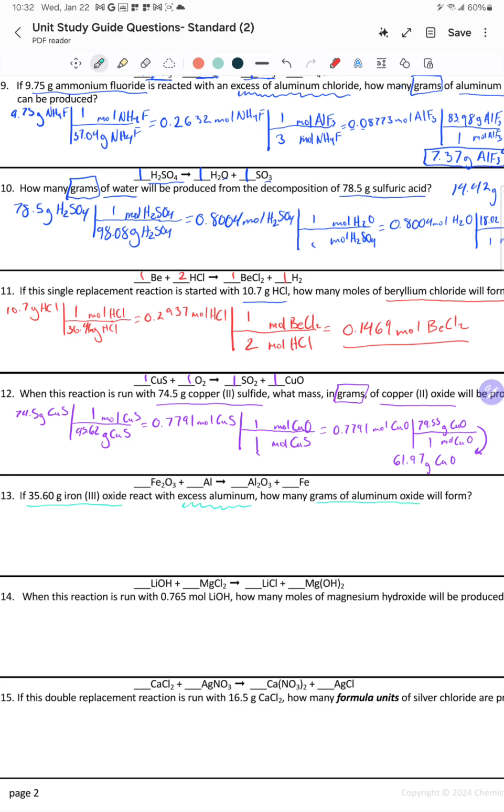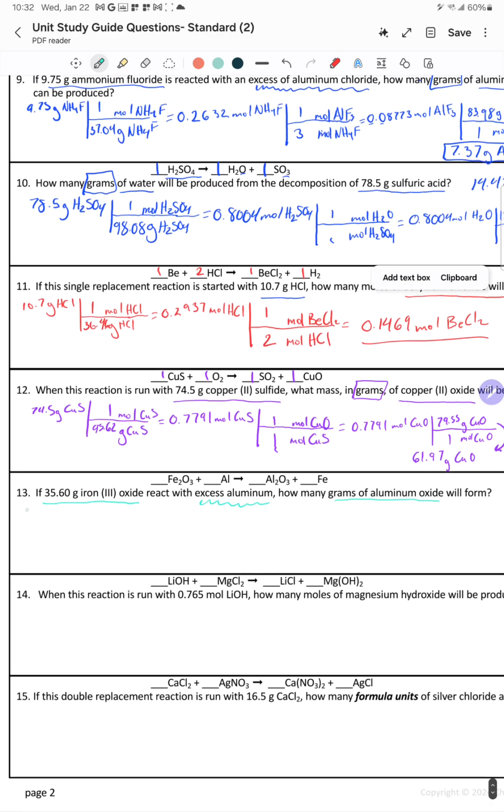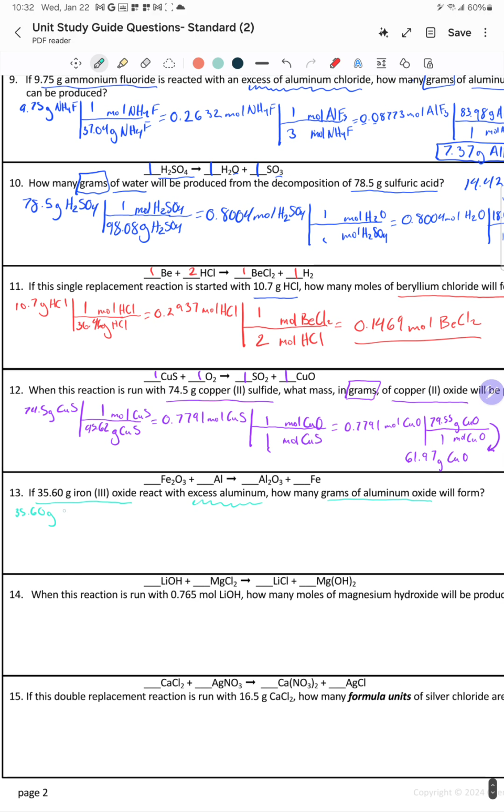Once again, I have to convert my grams of iron 3 oxide to moles, so I need to go from grams to moles. So 35.60 grams of iron 3 oxide, and I need to convert it into moles of iron 3 oxide.